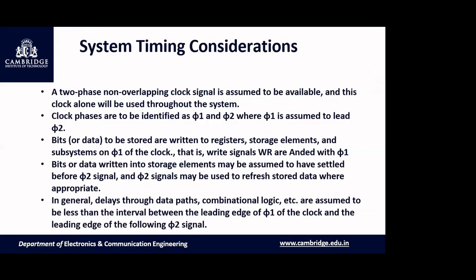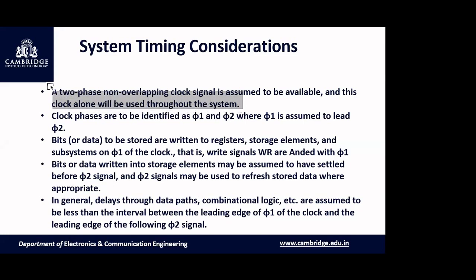So first, let us see about system timing consideration. In this system timing consideration, we'll see what would be required for us to design a memory or a register. If we want to design a memory or a register, we need a two-phase non-overlapping clock.